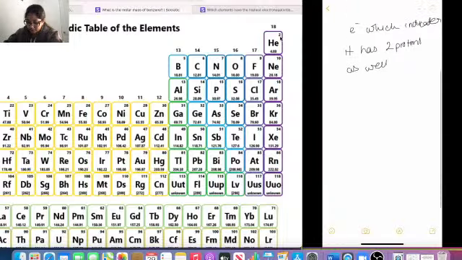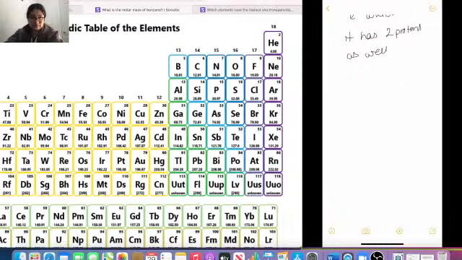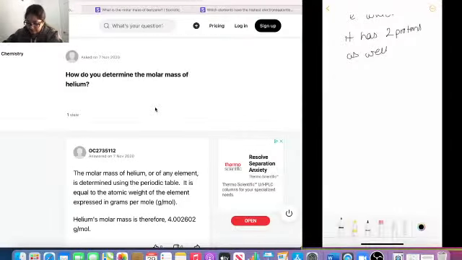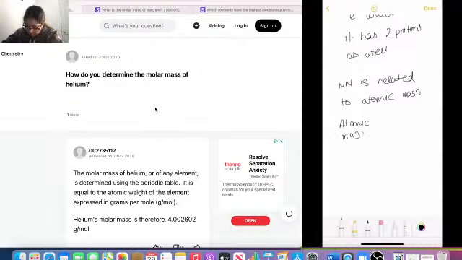Okay, and so when we're dealing with molar mass, I'm denoting MM as molar mass, we can correlate this with the atomic mass. Your atomic mass is basically the number of protons plus the number of neutrons in the nucleus.